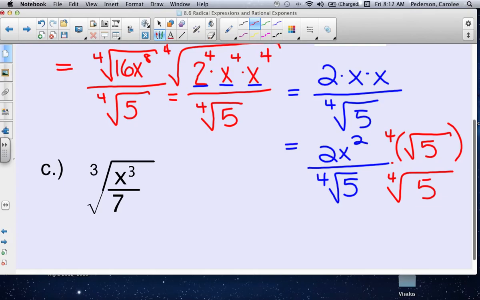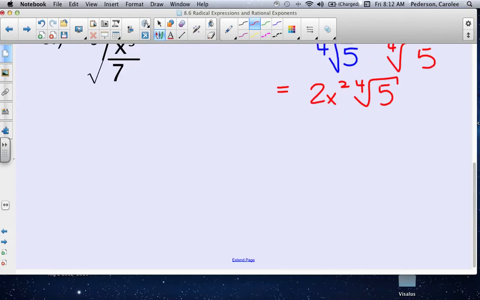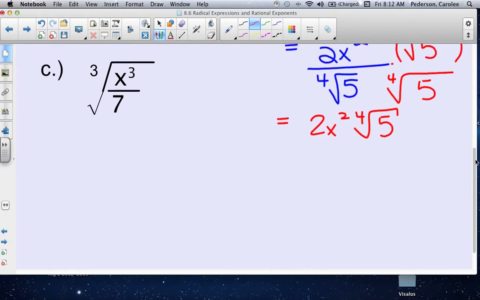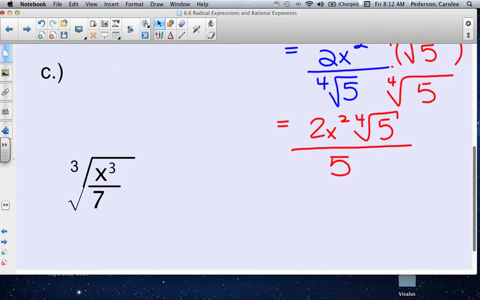And what you get when you multiply across is 2x squared times the 4th root of 5, and then the denominator, the 4th root of 5 times the 4th root of 5, is just 5. I think we'll skip example B and go down to example C.